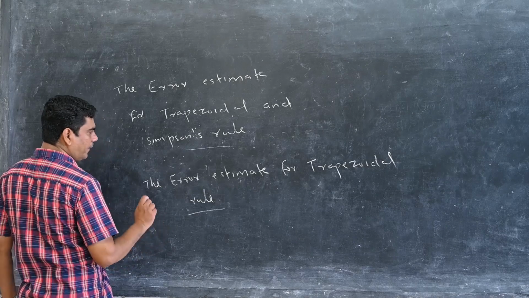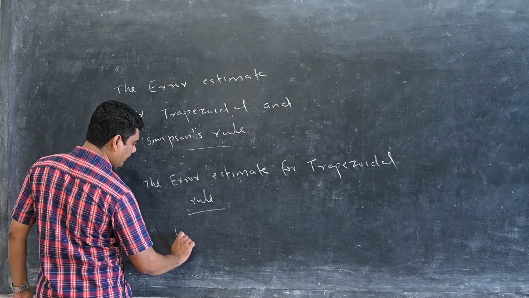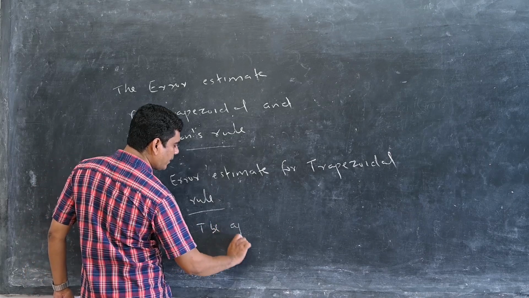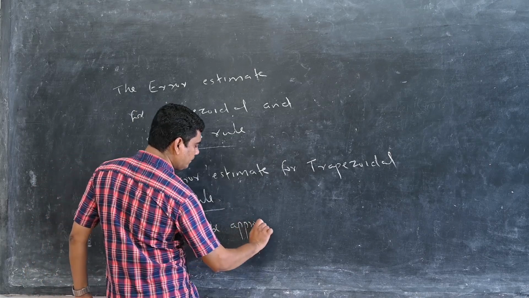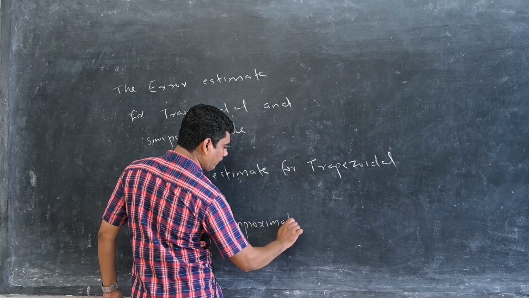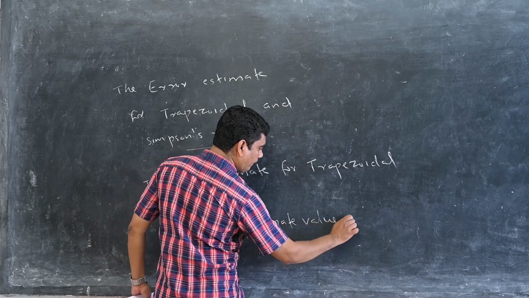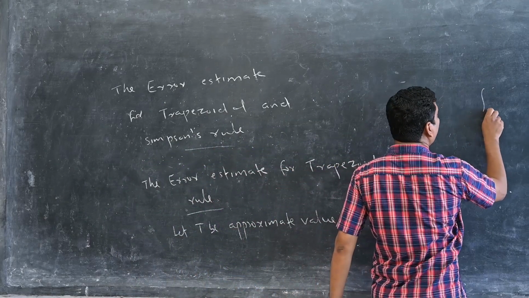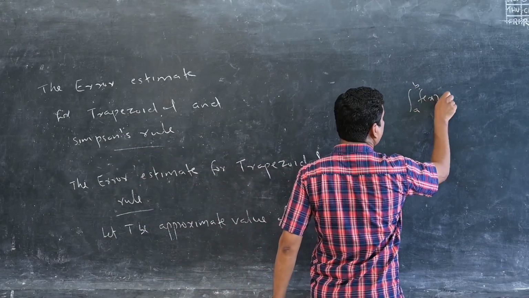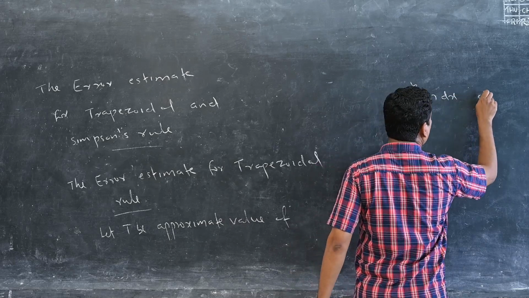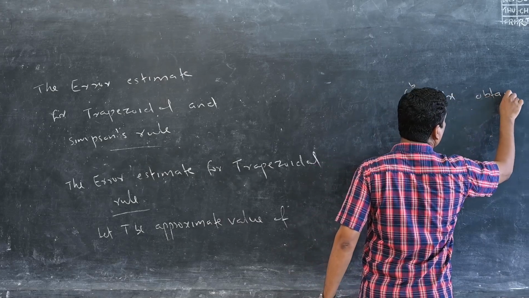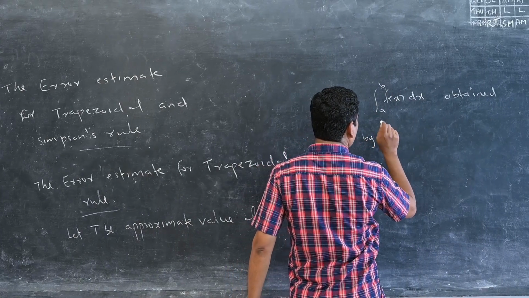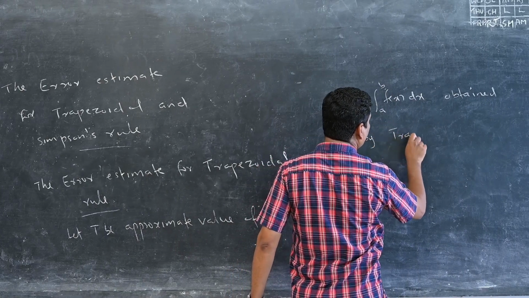Now, let T be the approximate value of integral a to b f of x dx obtained by trapezoidal rule.